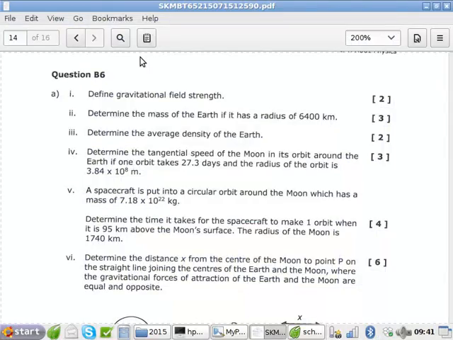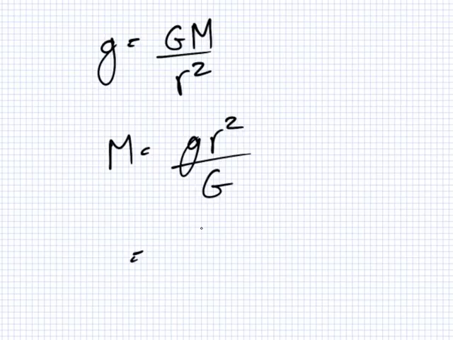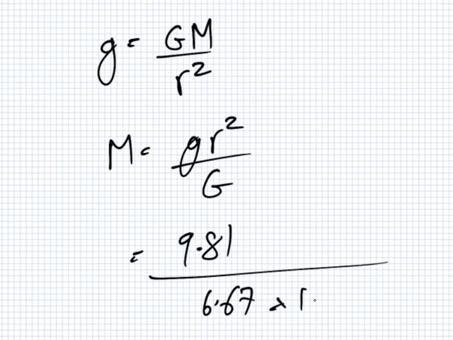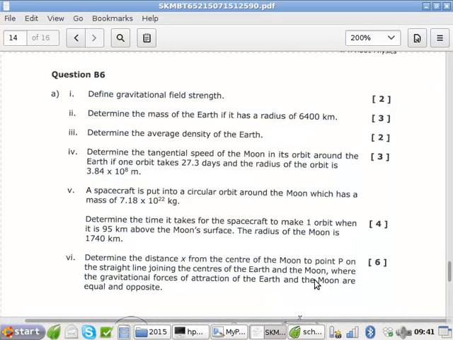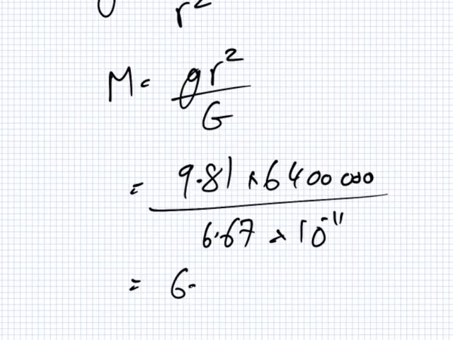What's the mass of the Earth if the radius is 6,400? So we can use the other formula you said. What is it? g equals GM over r squared. So M equals g r squared over G, which is 9.81, 6.67, and the radius is 6,400,000. 6.0.